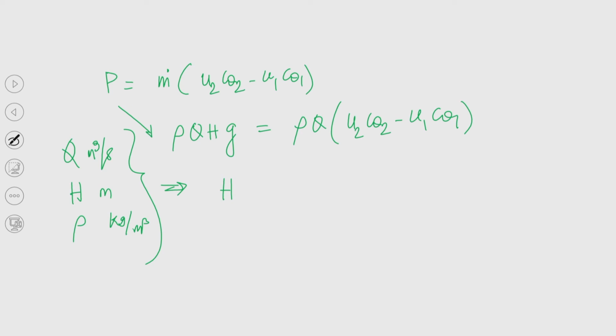Our objective is to know this fellow, and that is nothing but u 2 c theta 2 minus u 1 c theta 1 divided by g, right. Our objective is to know this because this is what is important to know from the pump, whether the pump will be able to deliver that water at that height or not, right.